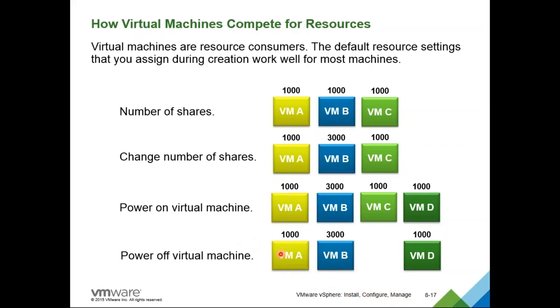It is in configuration state, but it won't consume any resource. It means that it is free. So when these three virtual machines are powered off, I have 5,000 shares free on my ESXi host. So I can utilize that. I can assign those for a new virtual machine or any other virtual machines.